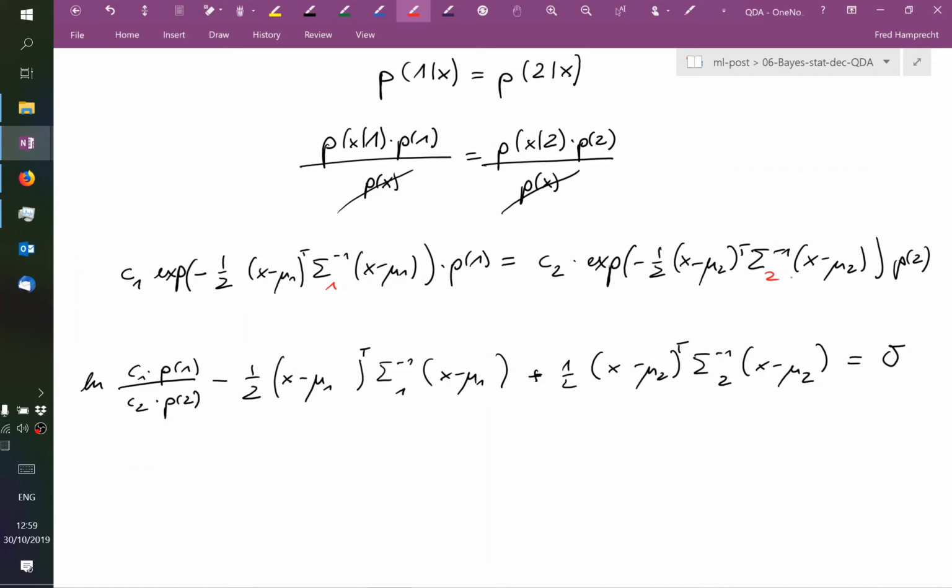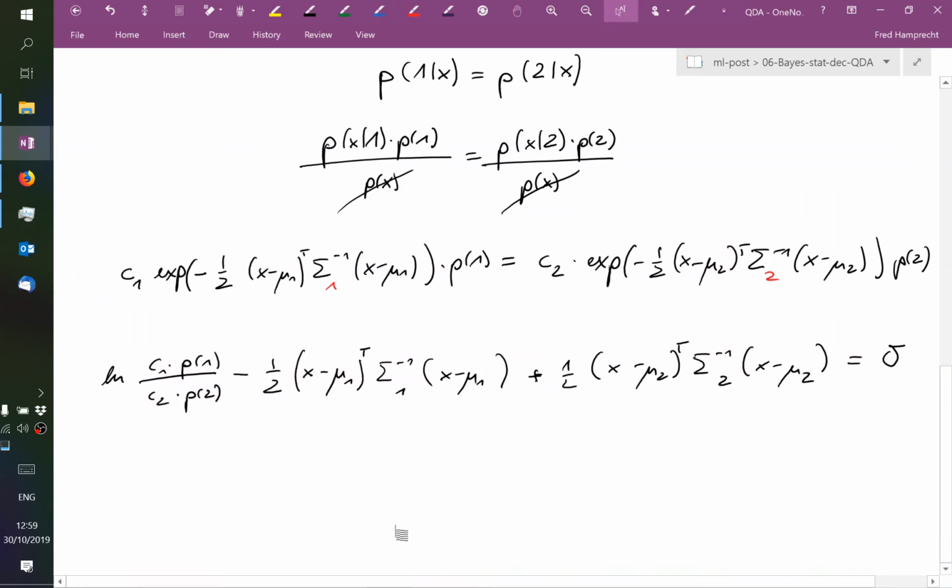All right, and what we find now is that altogether, this is just some constant. So this is a scalar. And this other thing, whatever it is, we can multiply out and so on.